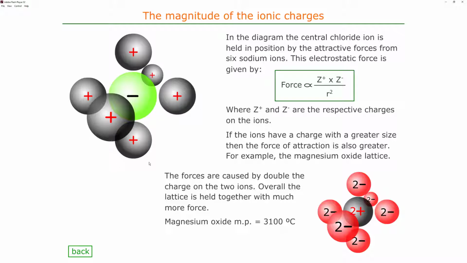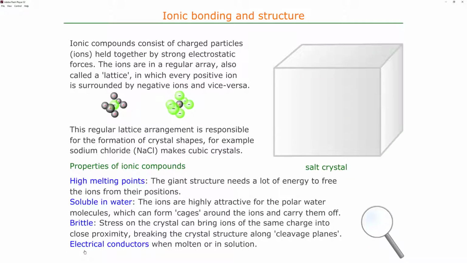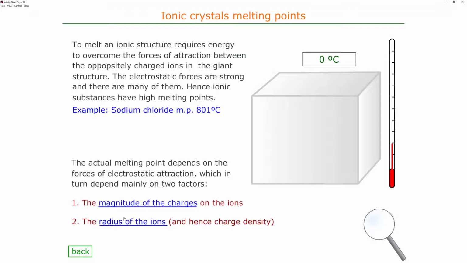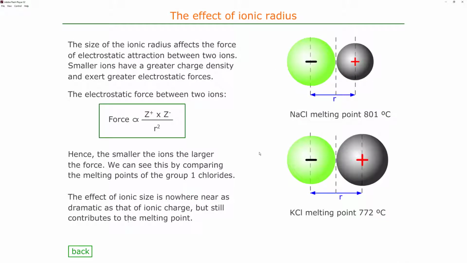So this is the most important factor, the magnitude of the charge. The other factor, which we'll go back to here, is the radius of the ions. If the particles can get closer together, well, the force of electrostatic attraction is greater. So we can compare sodium chloride with a melting point of 801 with potassium chloride, where potassium is a larger ion than sodium.